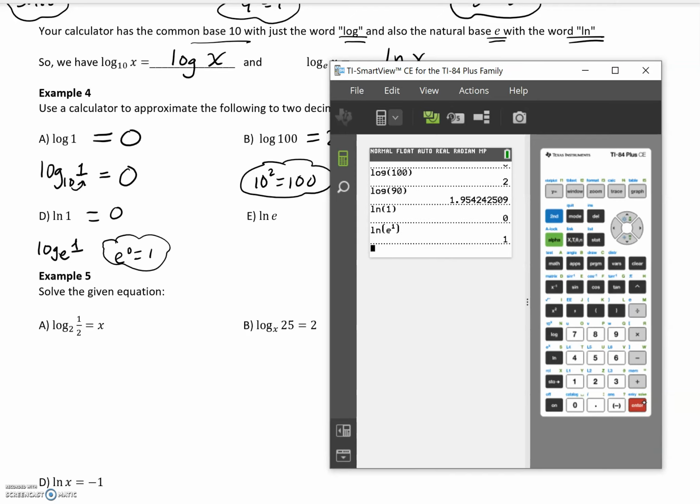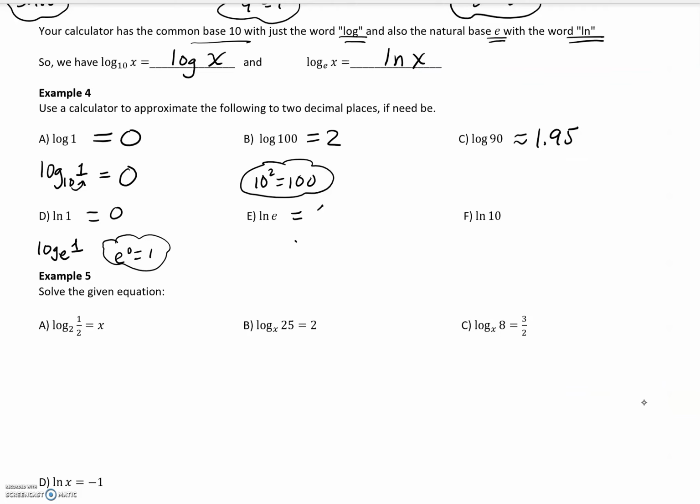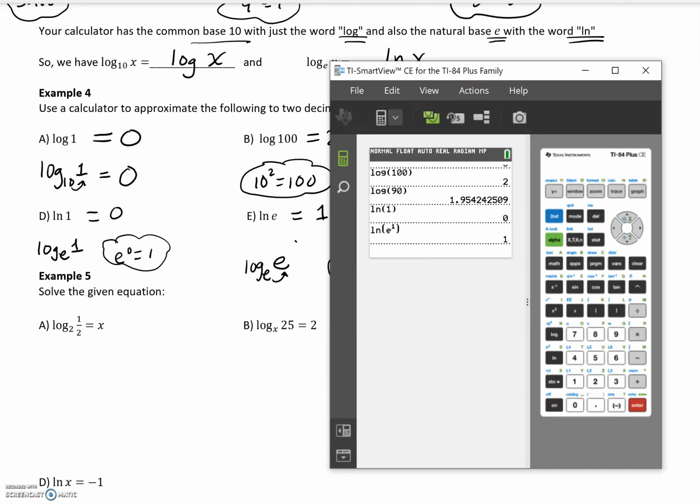Now this guy is log base e of e. It makes sense that if I'm at e, and I'm trying to get to e, the exponent would have to be 1, because e to the 1 is equal to e. So ln of e being 1 makes sense. Let's go look at ln of 10.